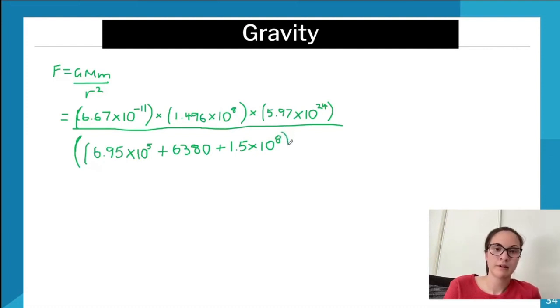By 10 to the 3. And that 10 to the 3 is to go from kilometers to meters. And this is something that a lot of people forget.